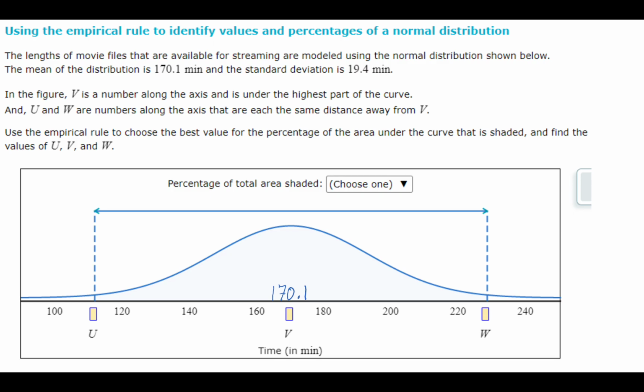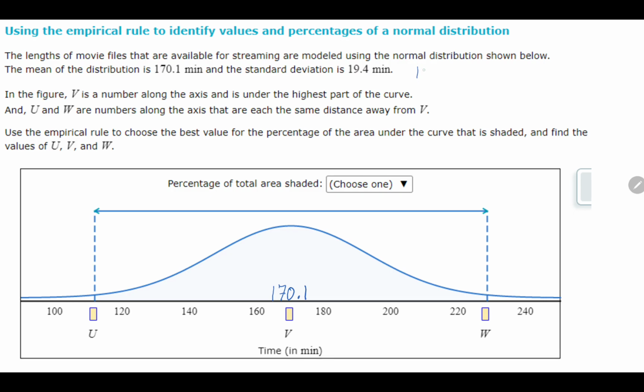And then we're going to start mapping as we move by 19.4 each time. So first thing I would do, and I can't have the calculator up here, but the idea is I would start with my 170.1, and I would minus 19.4. Just going to walk through the steps.